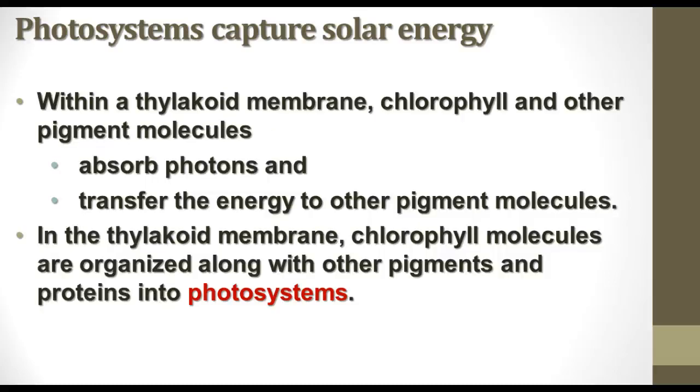So the chlorophyll pigments and other pigments absorb the photons and transfer their energy, and then we are going to transmit them from one molecule to the next. In the thylakoid membrane, we have the chlorophyll molecules and some other protein molecules arranged into groups of molecules called photosystems.